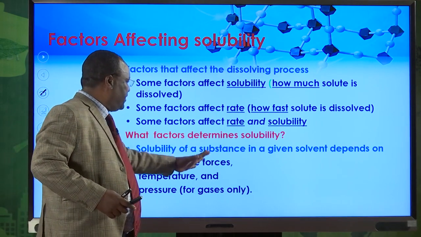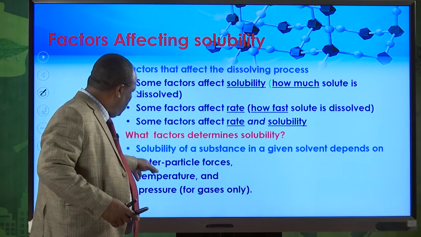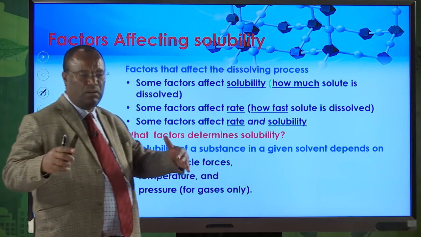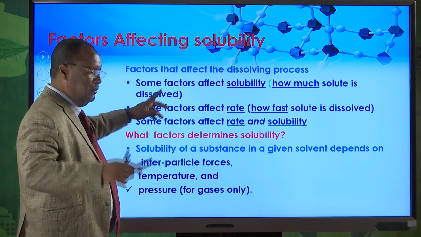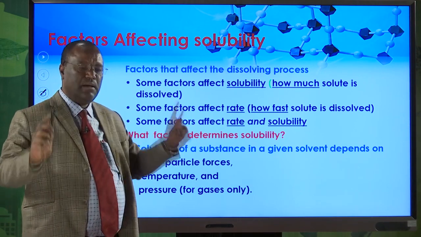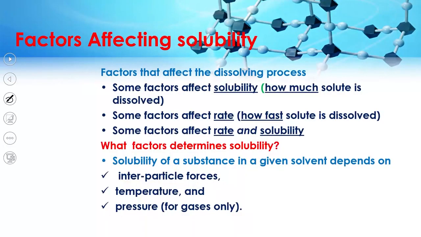Solubility of a substance in a given solvent depends on interparticle forces, what we have seen in the previous lesson. Intermolecular interaction is one factor that determines the solids to be dissolved in the solvent, or determines the rate and the solubility, along with temperature and pressure.